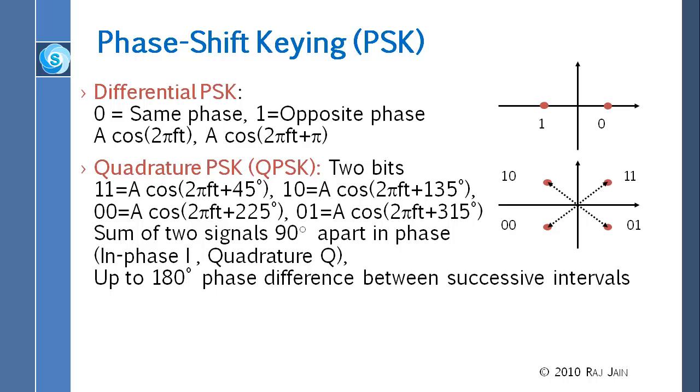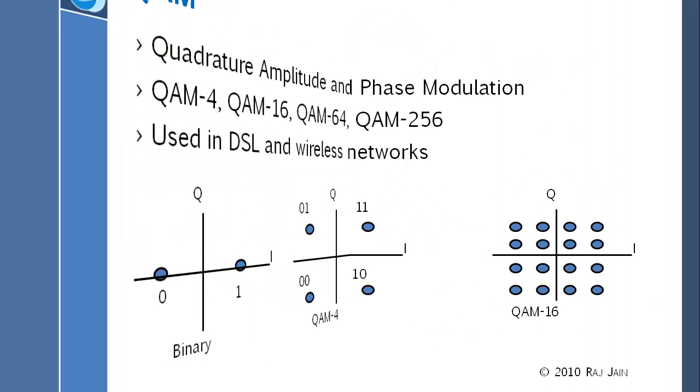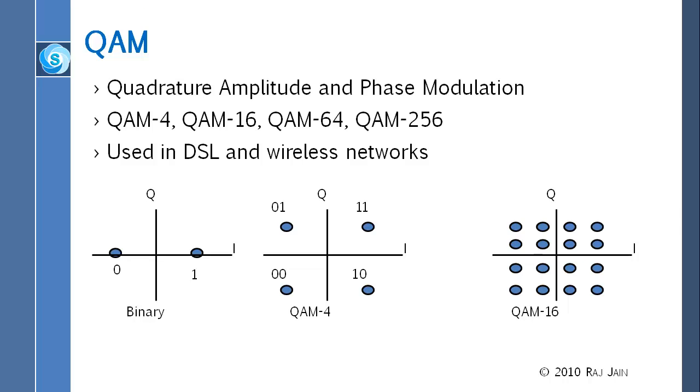Obviously you need a system which can do 45-degree resolution in 1 second, which is more difficult than doing 180-degree resolution. Here we just have to know whether it is 180 degrees or 0, which is much easier than finding out whether it is 45 or 135. And we can keep increasing this. We could do 2 points, 4 points, and we could do 16 points.